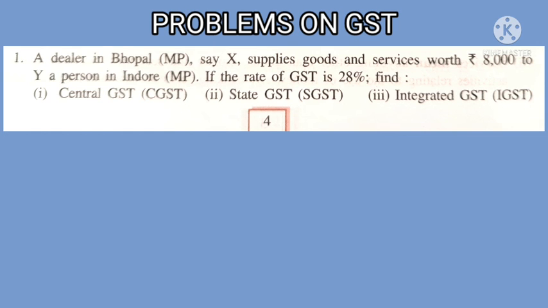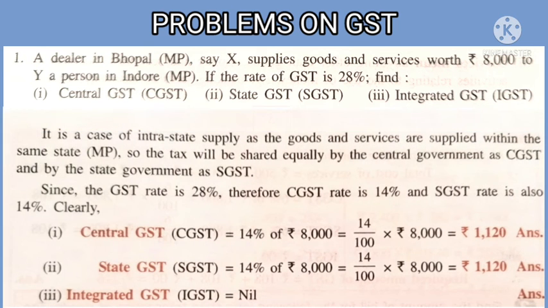If the rate of GST is 28%, find the central GST, state GST and integrated GST. So, it is a case of intrastate supply as the goods and services are supplied within the same state, MP. So the tax will be equally divided between CGST and SGST.